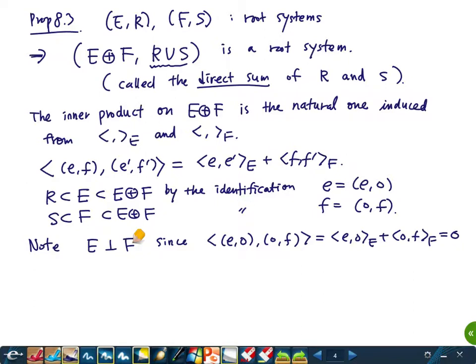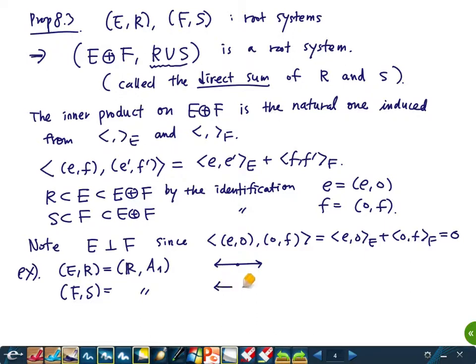Okay, so let's take a very simple example. Both E with R and F with S are one-dimensional, of type A1 root system. We have only two vectors, alpha and minus alpha, in a one-dimensional space, and F and S are the same thing.